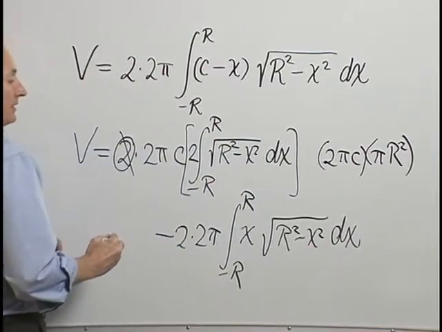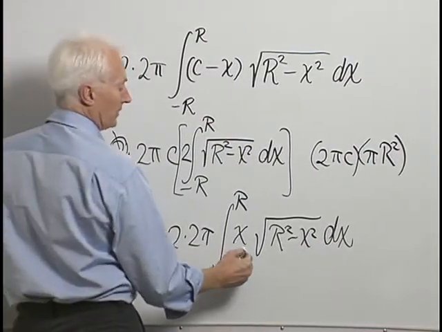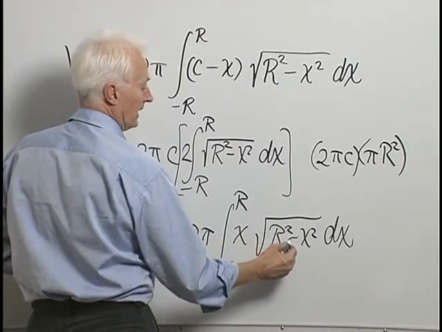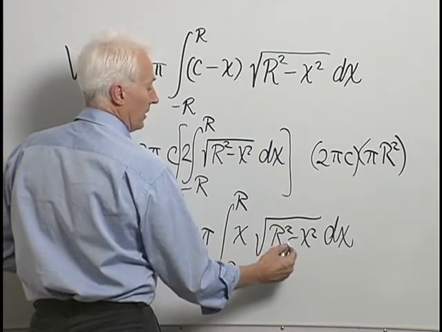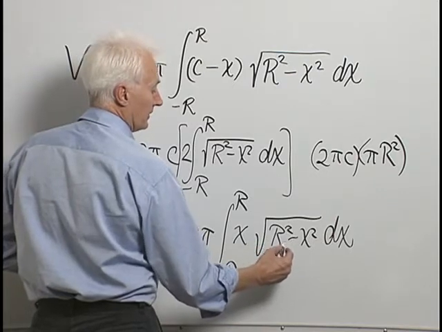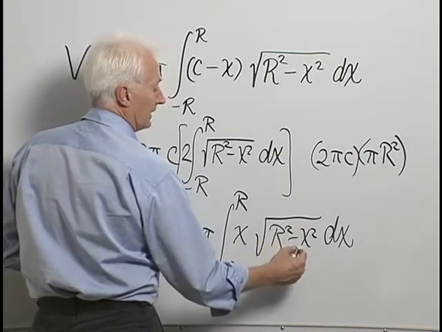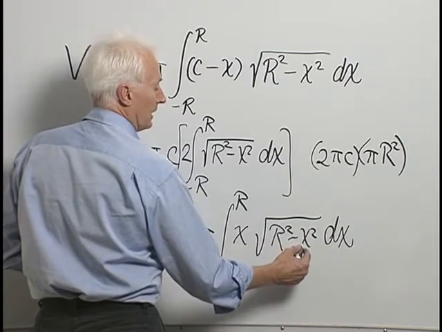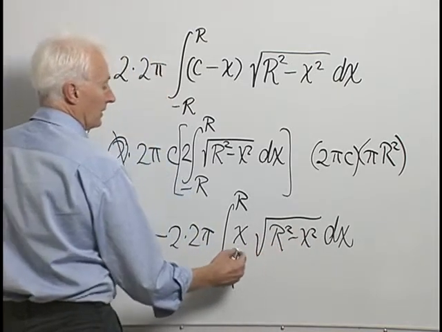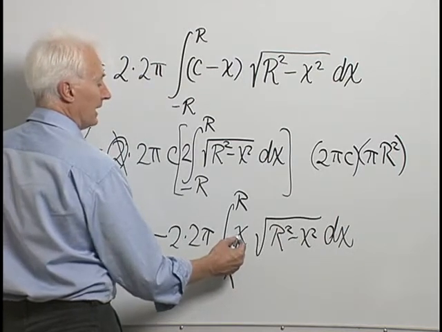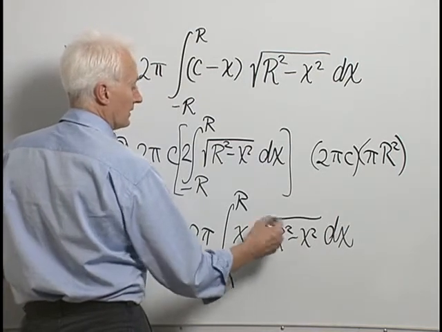How about the second term? Well, let's look at this integrand. We could go through some substitutions and so forth and simplify it, but let's use what we know about odd and even functions. Here, this factor is certainly even. Replacing x by −x does nothing to it. On the other hand, that factor is obviously odd. If I replace x by −x, it changes the sign.